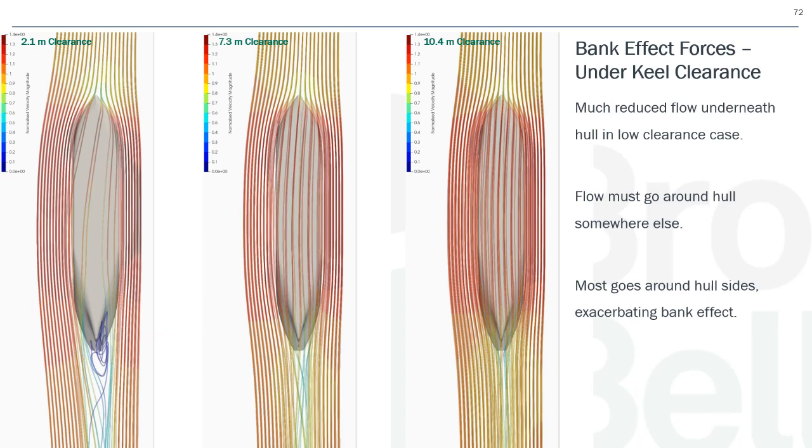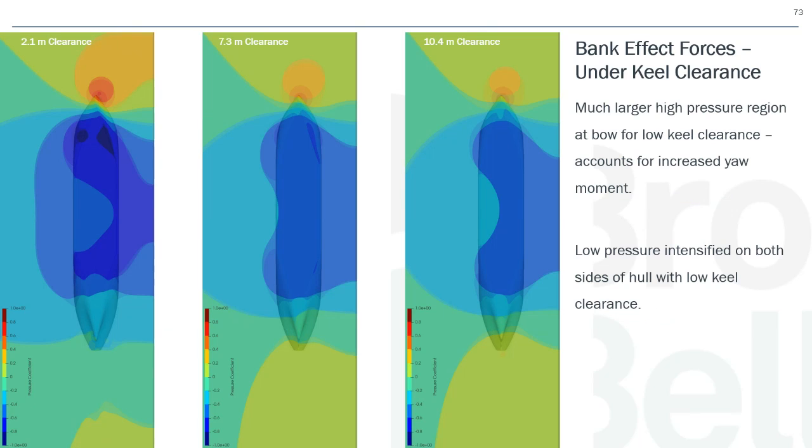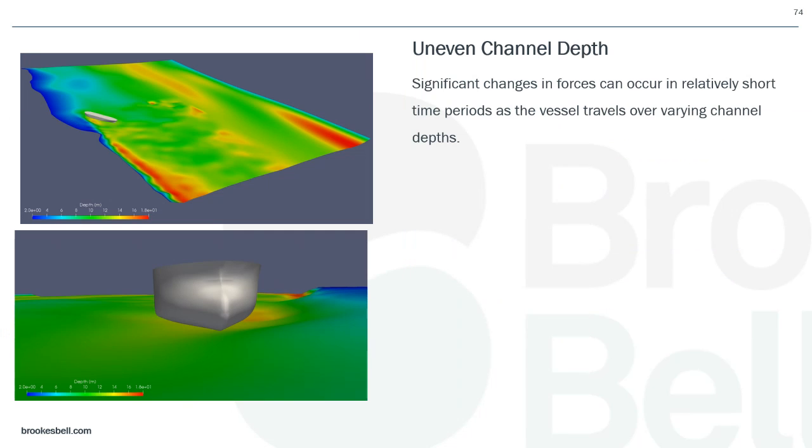So you have this intensification of your flow around your vessel. And for the pressure field, that just means an intensification of your pressure field towards the sides of your vessel, which you can see immediately when you compare the pressures between 2.1 and 7.3. And that obviously just leads to these marked increases in your pressure forces or your bank effect forces.